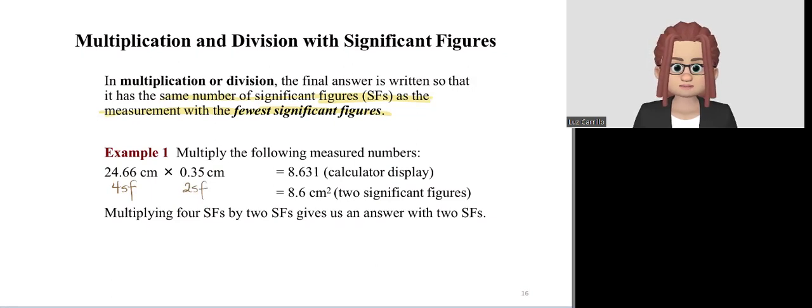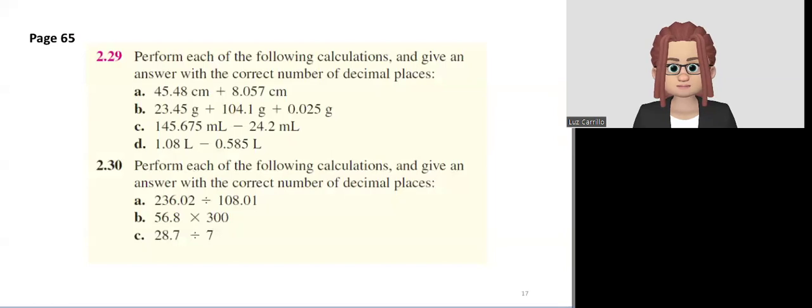When we multiply them, our calculator display gives us all of these numbers, 8.631, but because we need to round to the correct number of digits that carry meaning, since the lowest number of significant figures in our measurements is 2, we need to round that calculator display to 2. So our final answer is 8.6 centimeters squared.